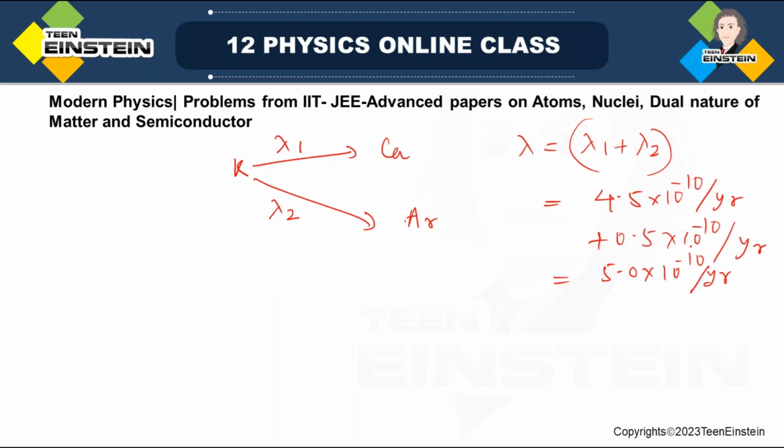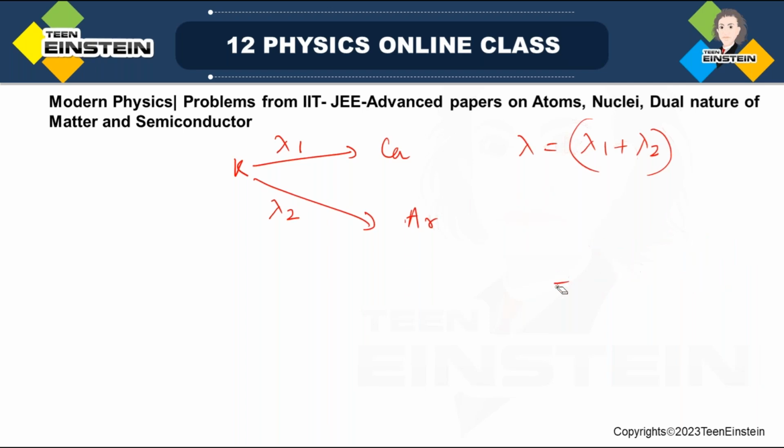Okay, so we get this part. So the sum of the decay constants is 5 into 10 to the power minus 10 per year.